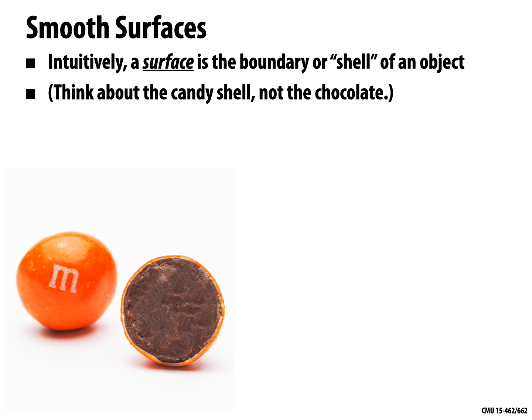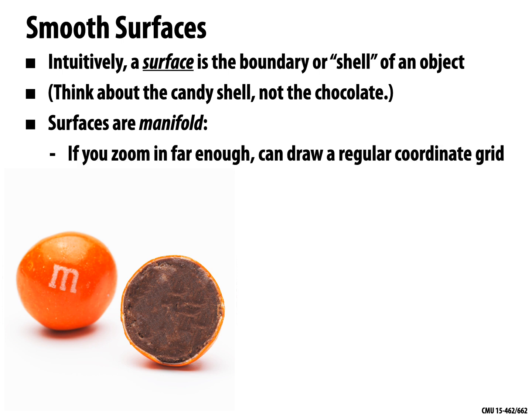Another key property of surfaces is that surfaces are manifold. Okay? So what does manifold mean? I'm not going to be able in a short time to give a really precise definition, but the right intuition is that if you pick any point on your shape and you zoom in far enough, then if it's manifold, you should be able to draw a nice coordinate grid with two distinct directions.